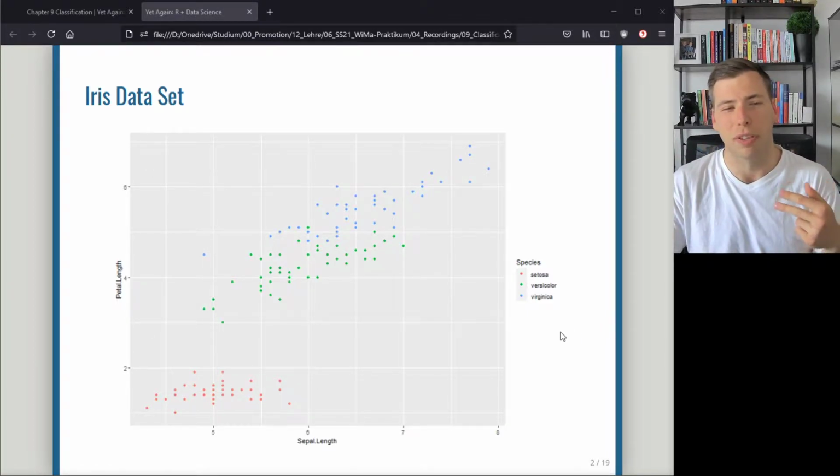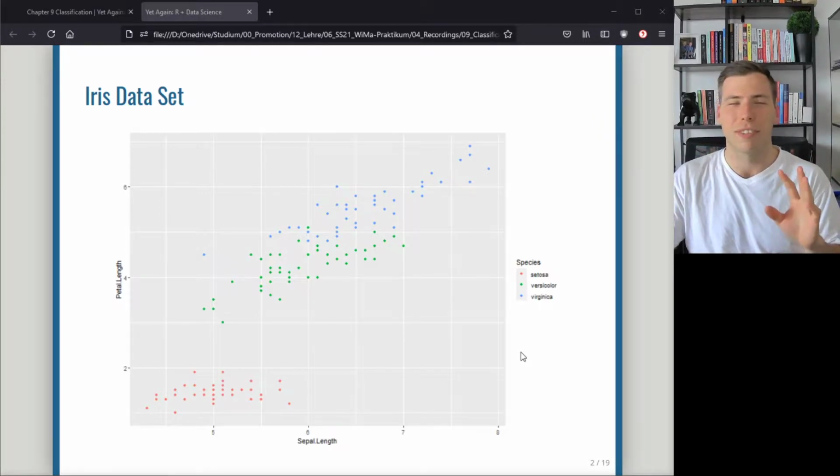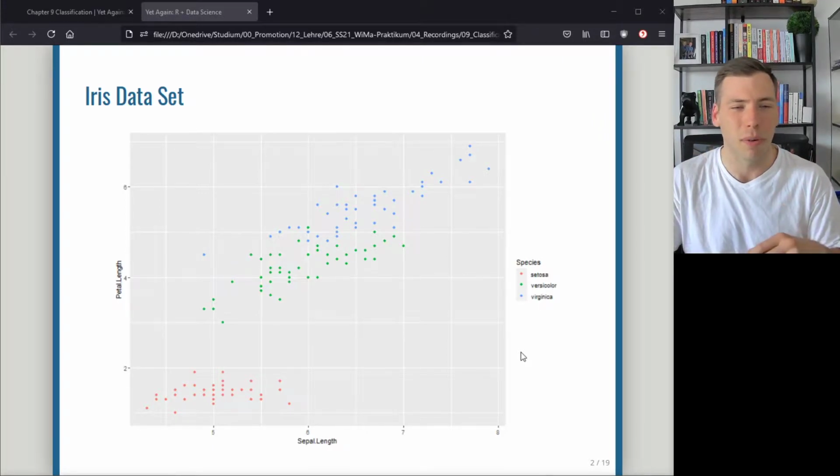I don't know if I pronounced this correctly. In any case, these are different flowers of the species iris. I think iris is the species, or the family is called iris. I'm not completely sure. I'm not that familiar with flowers or with biology in that sense.